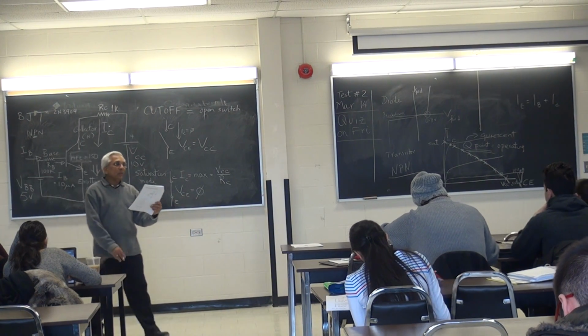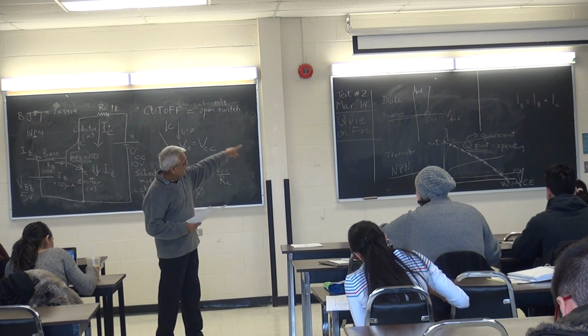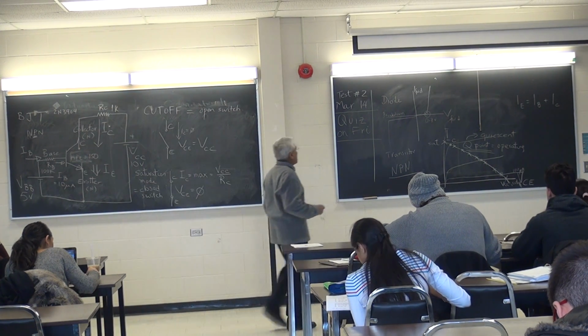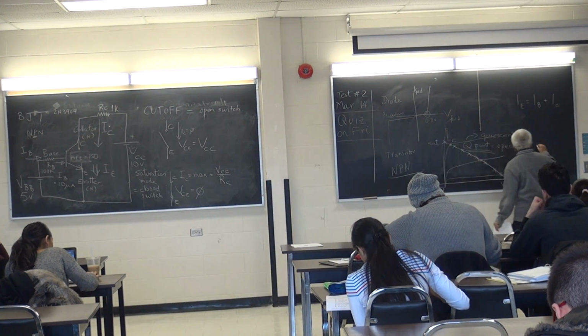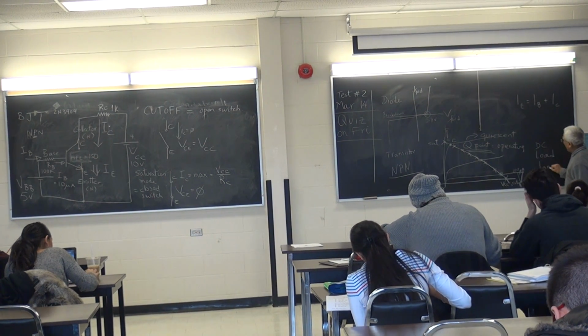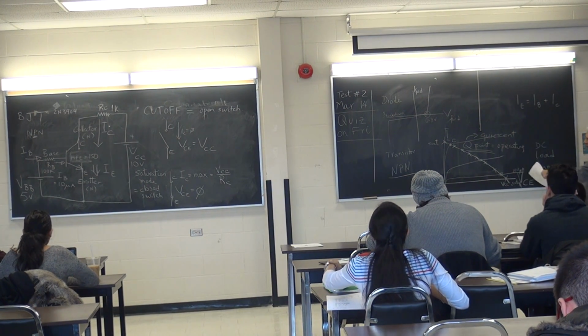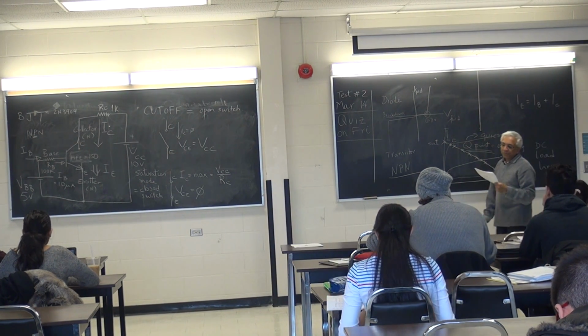So what are we going to do? Draw the graph of the, this is called the DC load line. This graph is called the DC load line. Okay, what does that mean? It's the graph between the two extreme points, saturation and cutoff.